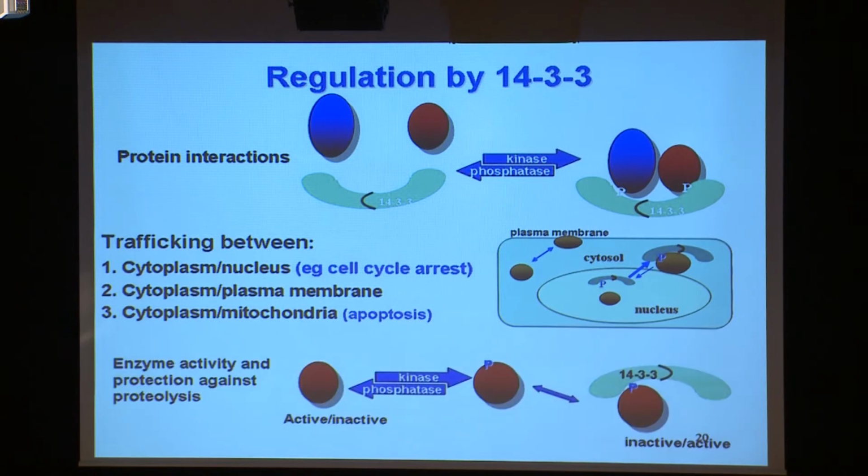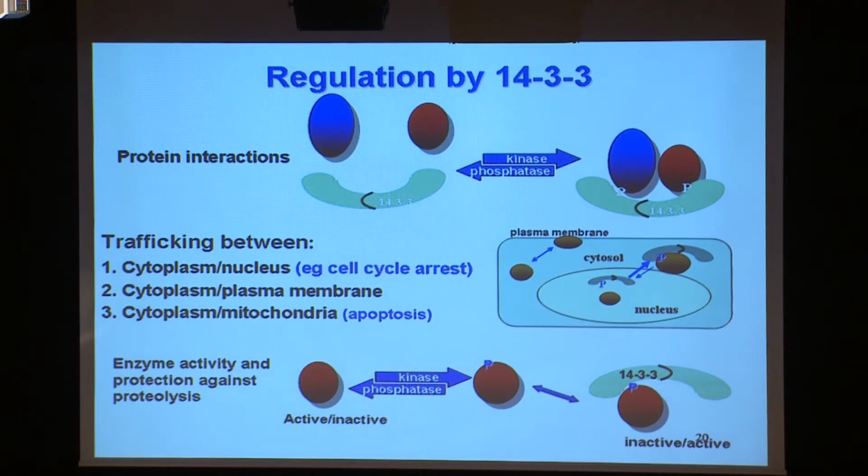Also, 14-3-3 itself can be involved in causing conformational changes in enzymes, and it can activate or inactivate proteins. So an inactive or an active form of a protein can be modified by a kinase, which promotes interaction with 14-3-3, which then changes its activity or its conformation.